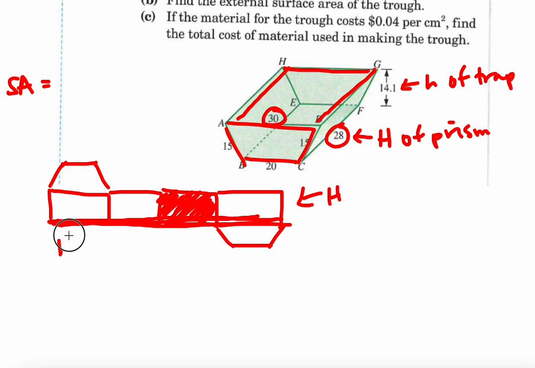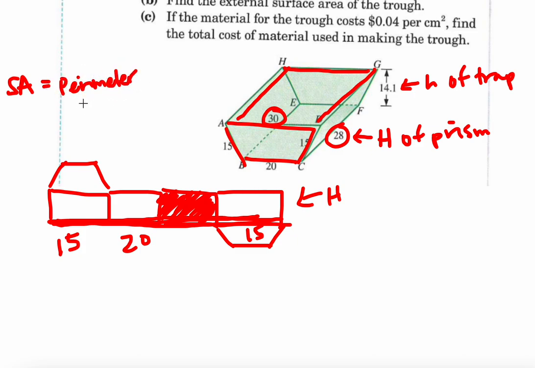So we have 15, 20, and 15 that we had to add together. So it's a little different than your normal formula because normally you would just add up all the sides. But since one of the faces is open, it would be not quite the entire perimeter, okay?